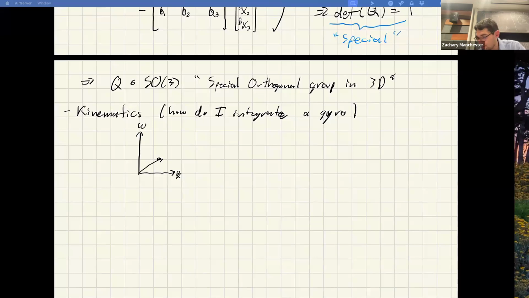This is some omega, and I've got maybe this disk over here, this record that's spinning around at some fixed omega, right? So if I were to take a point on the record, this is just any X, right?